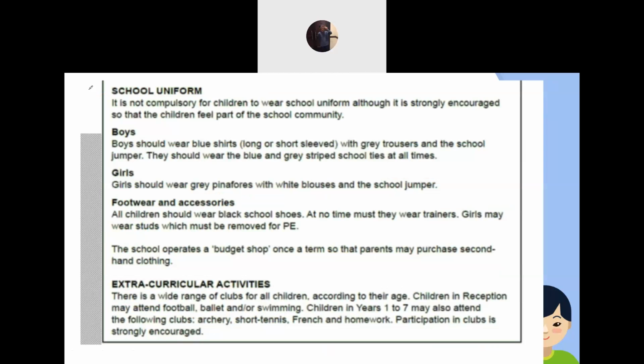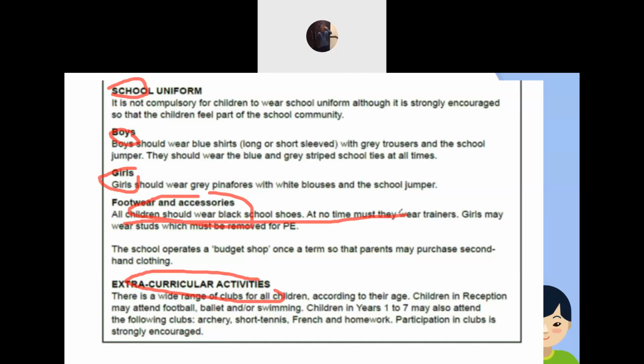Like what I said, look at the headings and look at the first and last line of every paragraph. I'm sure we have done skimming. Now let's look at the question.